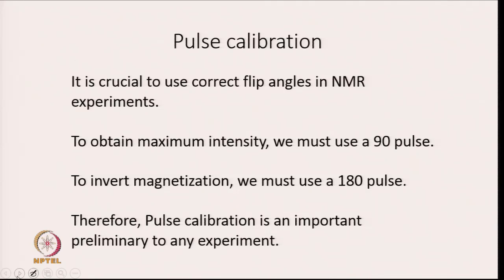To obtain maximum intensity we must use a 90 degree pulse, and to invert magnetization we must use a 180 degree pulse. So, the correct length of pulse should be maintained, and therefore pulse calibration is an important preliminary to any experiment. Before starting any experiment you must do pulse calibration, because if you are not using an exact 90 degree pulse you are going to get a small signal.